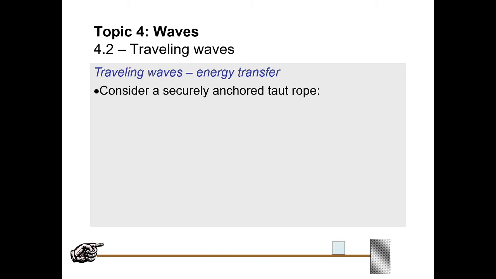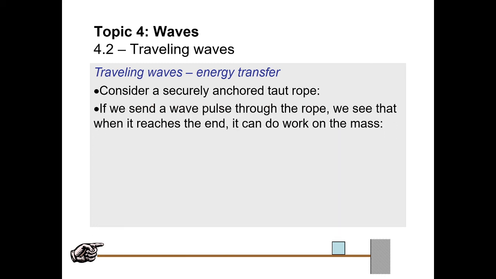Okay, so consider again that rope securely anchored to a table, except now we have an object on top of it. If we decide to send a pulse down that rope, that pulse will impart work. It'll give an energy transfer to that block, allowing it to gain height and jump on top of the table. So we're giving it gravitational potential energy.